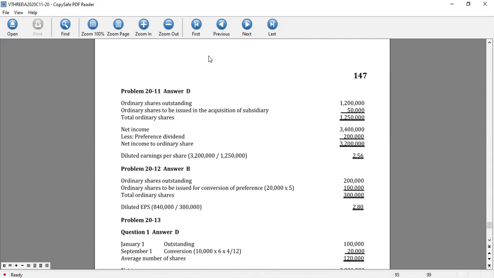Here in 20-12, ordinary shares outstanding is given as 200,000 shares.